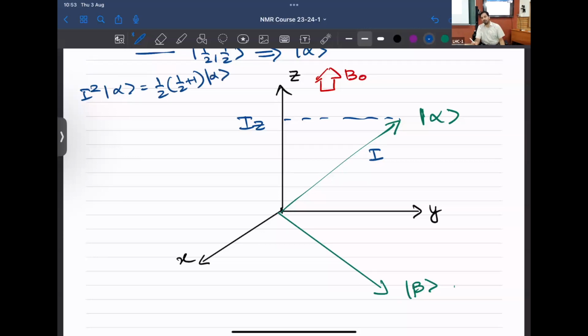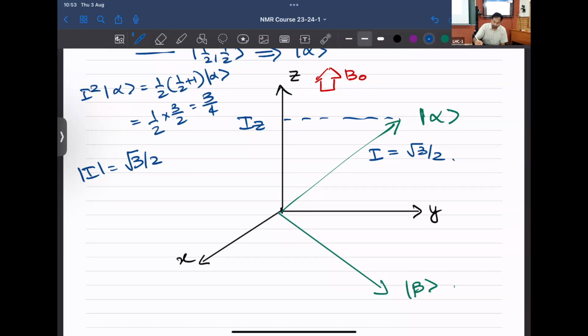Because it's an eigenstate. Did you realize that I missed h cross square? We always write in units of h cross, so forget that h cross exists from here on, right? So this is going to be half into 3 by 2, which is 3 by 4. Therefore, I is equal to square root of 3 by 2. So the length of this vector is square root of 3 by 2, right?